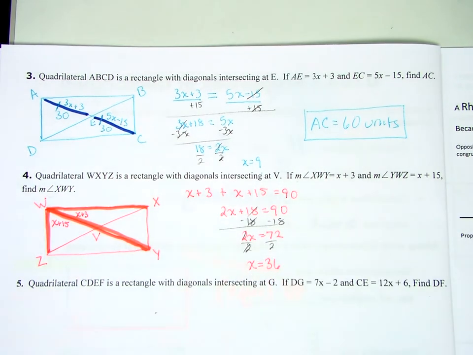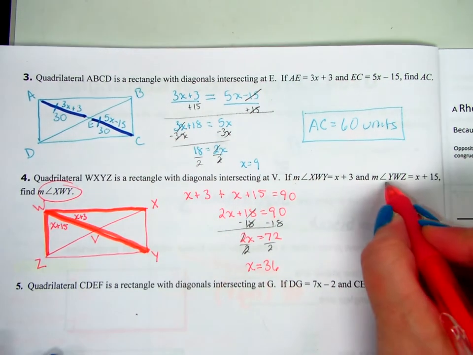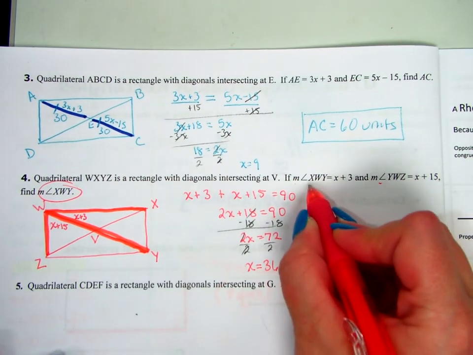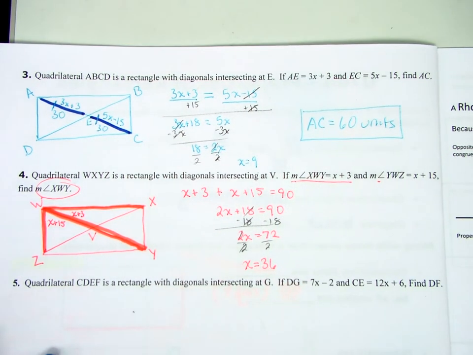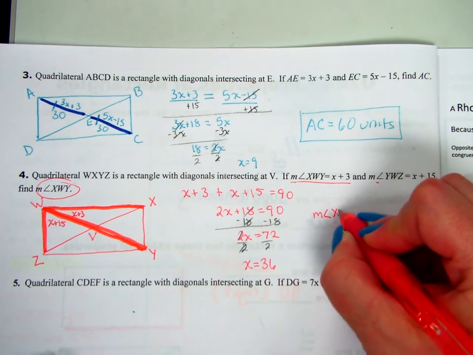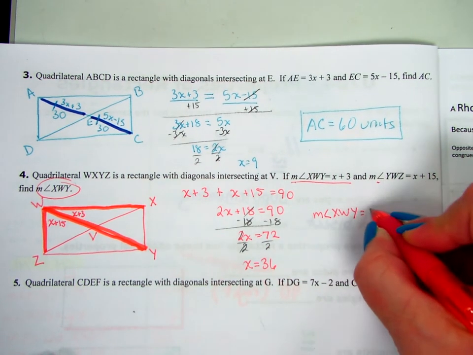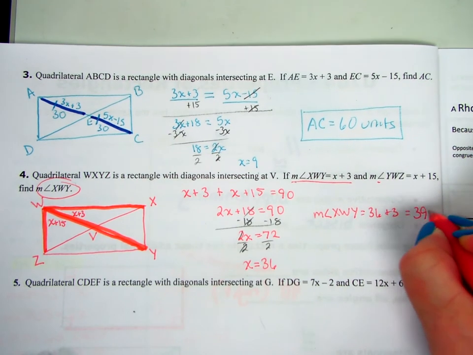That's not my answer though, right? We're trying to find angle XWY, which is my x plus 3. So how big is the measure of angle XWY? Right, it's going to be that 36 plus the 3, which we know is 39 degrees.